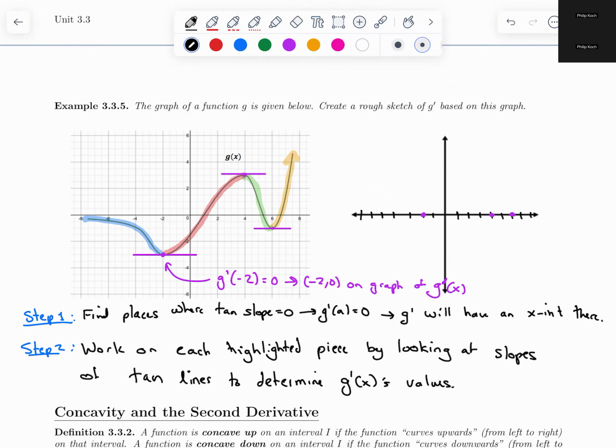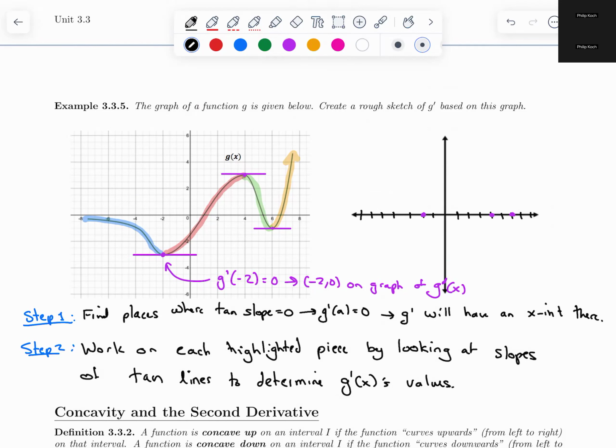It's a very, very shallow line. And actually, as we get closer and closer to negative infinity, it just gets flatter and flatter until it's basically 0, but not 0. So as we move along the graph, negative slope, slightly more negative, slightly more negative, until about, I'd say, -3.